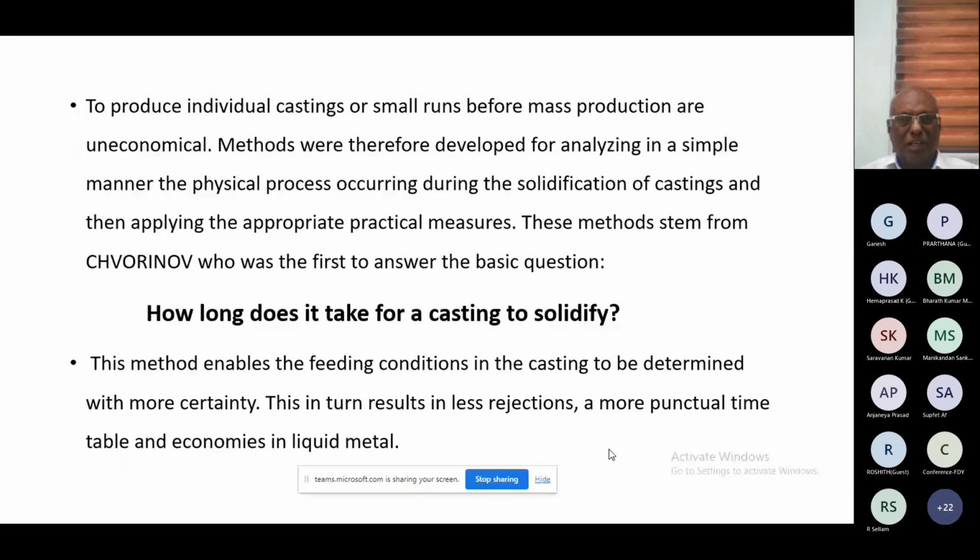These methods stem from Chvorinov, who was the first to answer the basic question: how long does it take for a casting to solidify? This method enables the feeding conditions in the casting to be determined with more certainty. This in turn results in fewer rejections, a more punctual timetable, and economies in liquid metal.